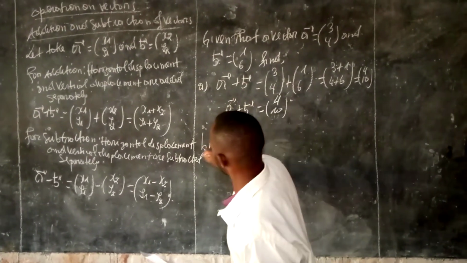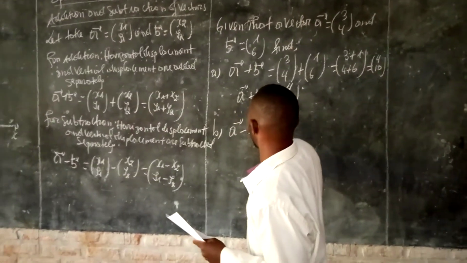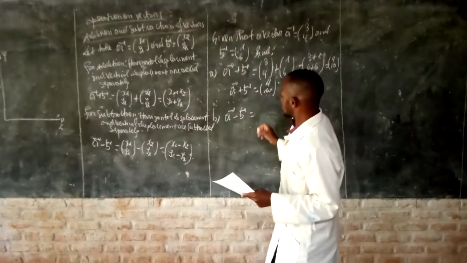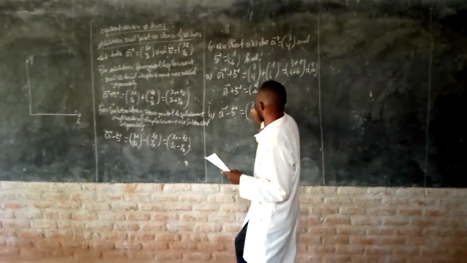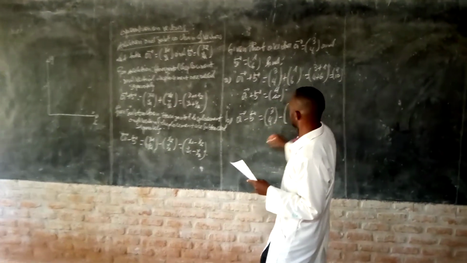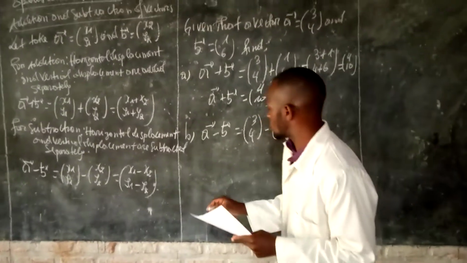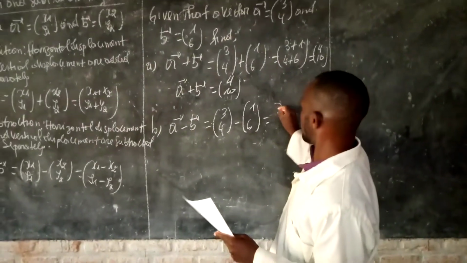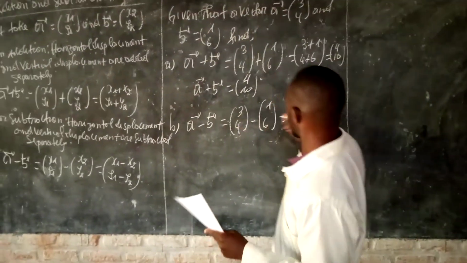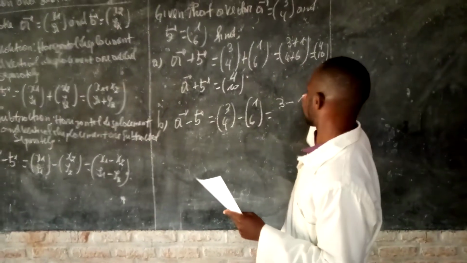In question B, you can be asked to find vector A minus vector B. Now we take vector A, which is 3, 4, minus vector B, which is 1 and 6. You have to subtract the horizontal displacements, where 3 is the horizontal displacement of vector A minus 1, the horizontal displacement of vector B, so we get 3 minus 1 is 2.